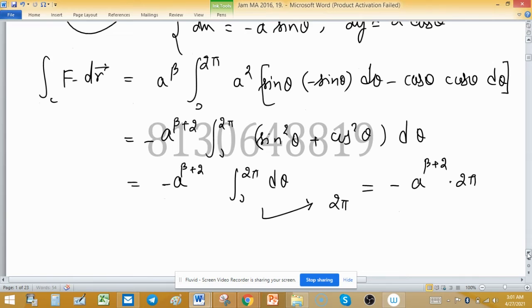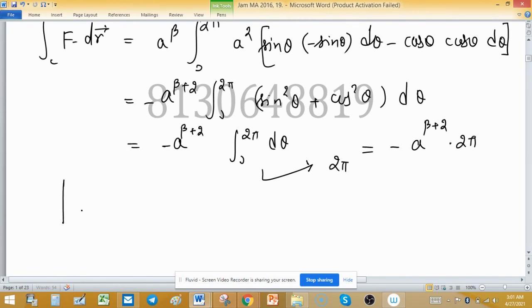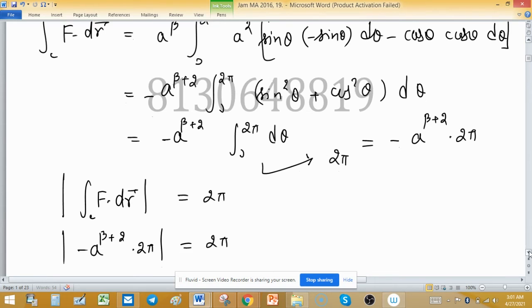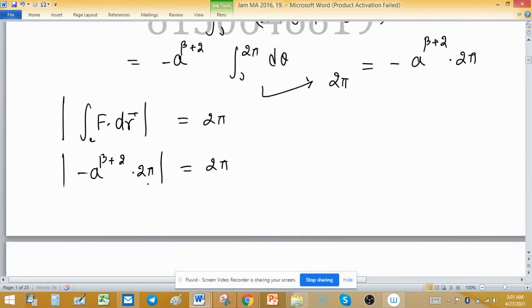And it is given in the hypothesis that the absolute value of this f dot dr is 2 pi, and we obtain this value as minus a raised to the power beta plus 2 into 2 pi, and this is equal to 2 pi. Now this absolute value will become 2 pi when the value of this expression is 1 or minus 1. The expression is 1 when the exponent will be 0.